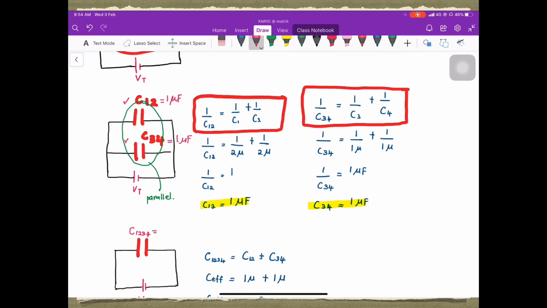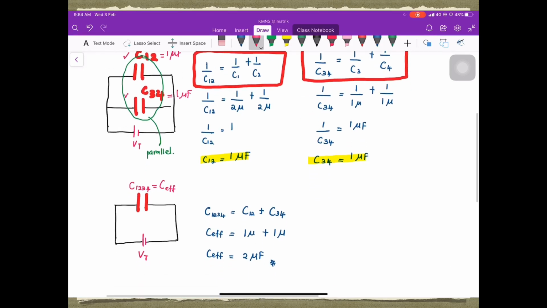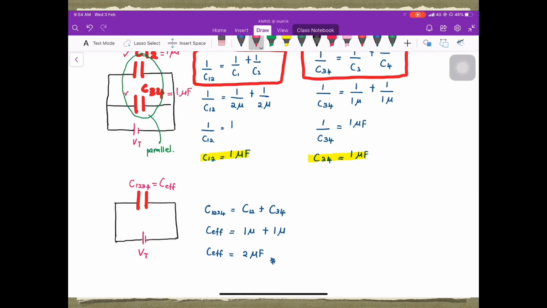We can also write it as the effective capacitance. So how to calculate the effective capacitance here? We know that the combination of C12 and C34 is parallel. So we get the final answer is 2 microfarad.